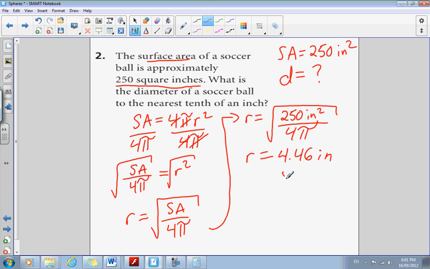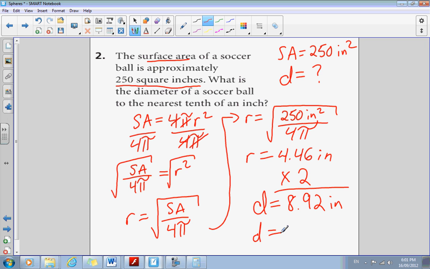Instead, let's multiply by 2 to give you your diameter, which would be 8.92 inches. Now that's approximately 9. So if you put approximately 9 inches, it's not the end of the world. But what we would rather you do is this: when you're dealing with surface area and volume, you are able to round.